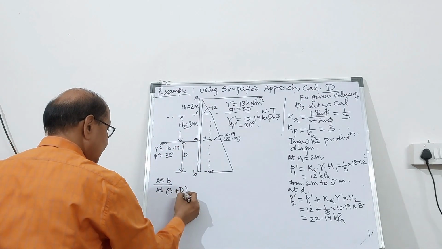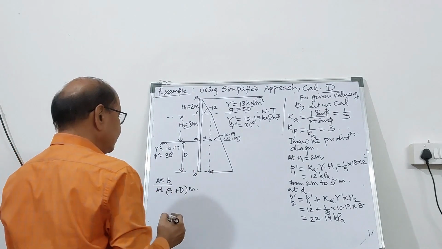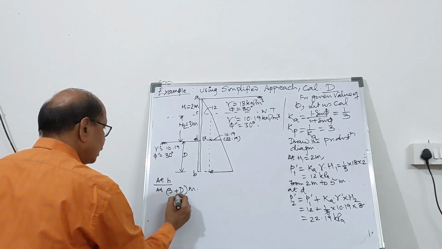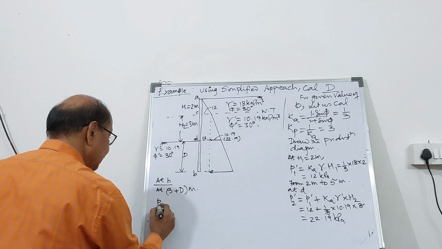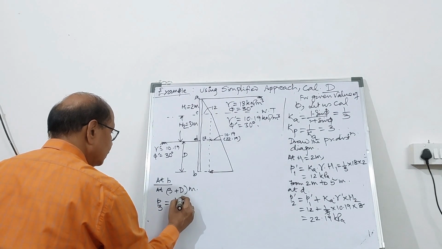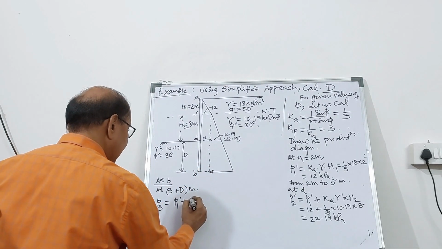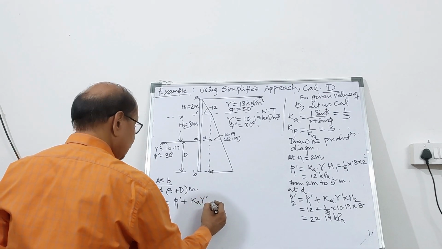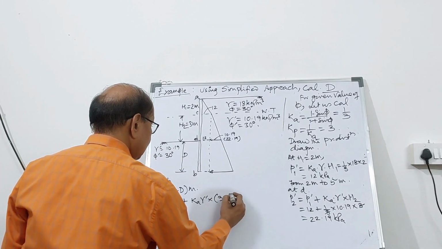So 3 plus D meter, this pressure you can find out. At 3 plus D, if I call it P3, so P3 will be P1 prime plus, now this you can calculate as K gamma prime into 3 plus d.